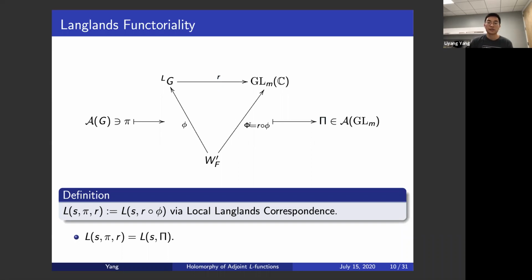And according to the Langlands correspondence, this Langlands L function associated to r is eventually the standard L function of the automorphic representation, capital Pi. So in many cases, actually in most cases, I think this L function should be entire.